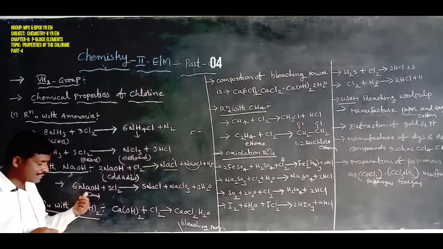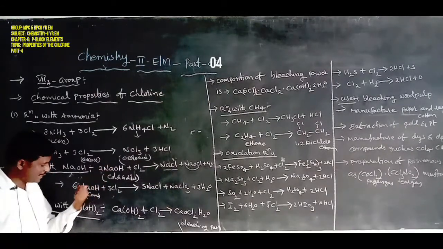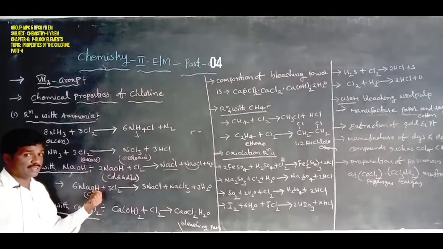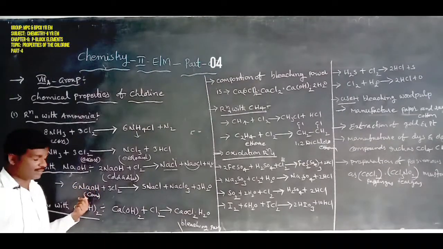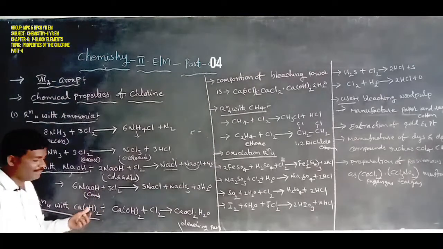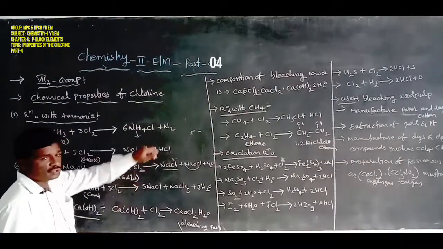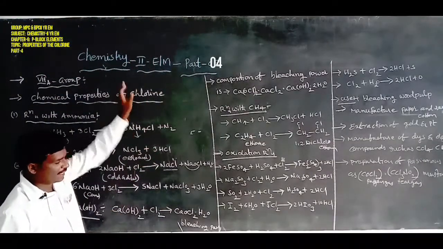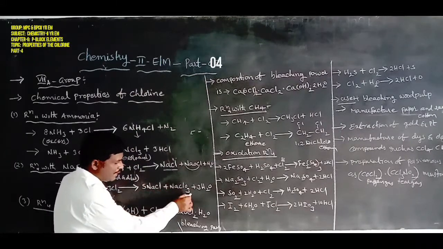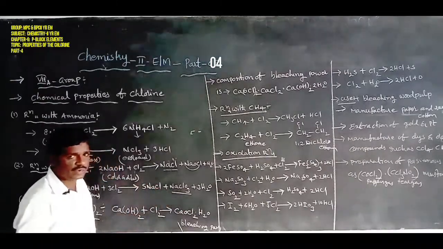Now, with concentrated sodium hydroxide, that is a high quantity of sodium hydroxide, chlorine forms sodium chloride and NaClO3, also known as sodium chlorate.